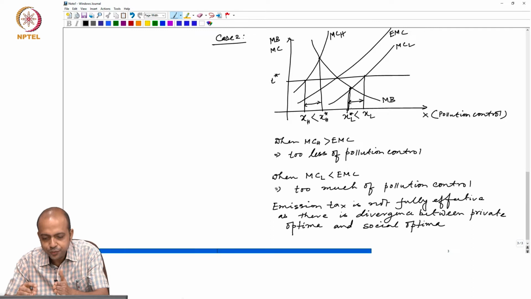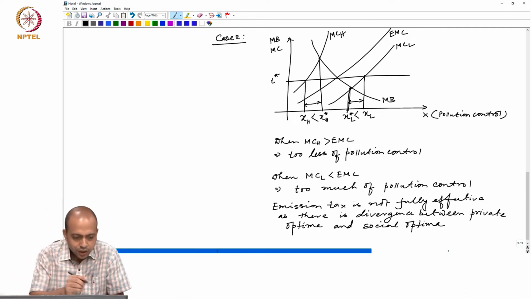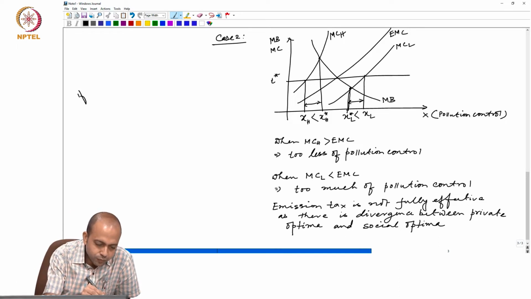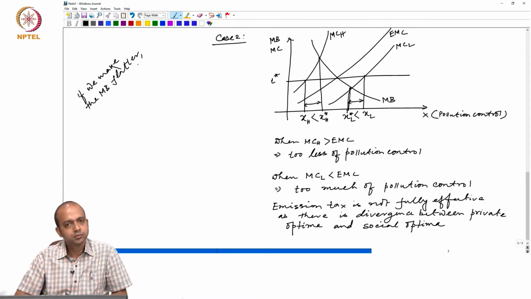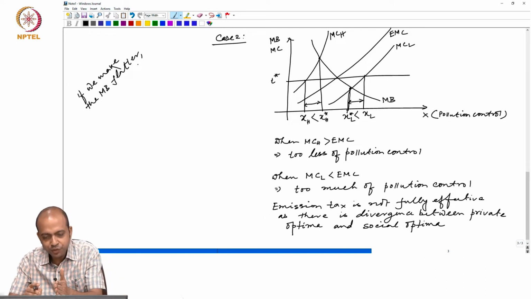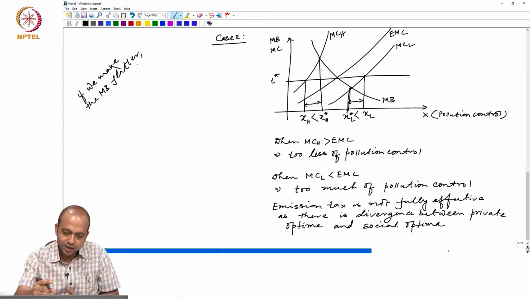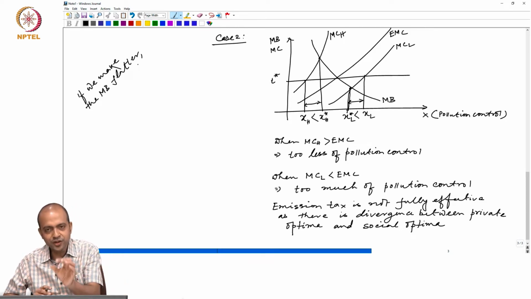Now, if I make the MB a little flatter, what will happen? Will the divergence go up or come down? From the simple geometry itself, you can understand that if you make this curve a little flatter, then the degree of divergence will go down.